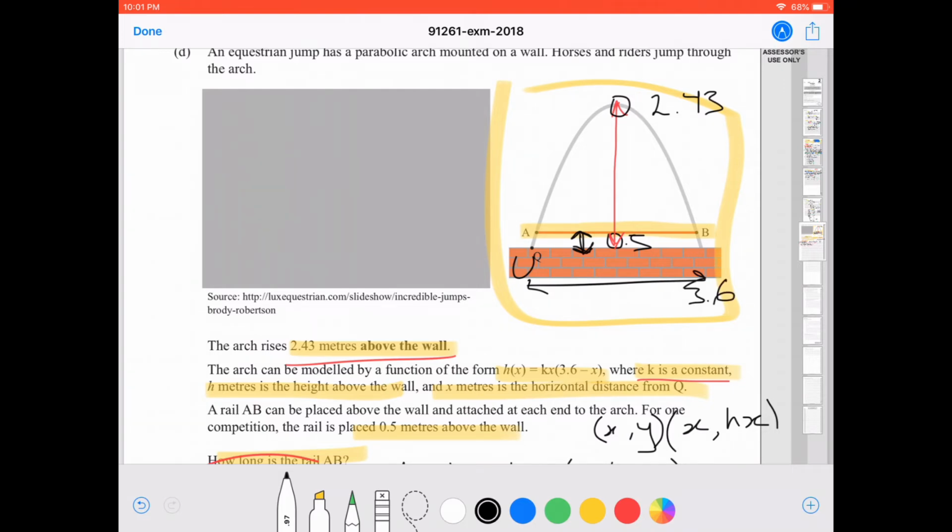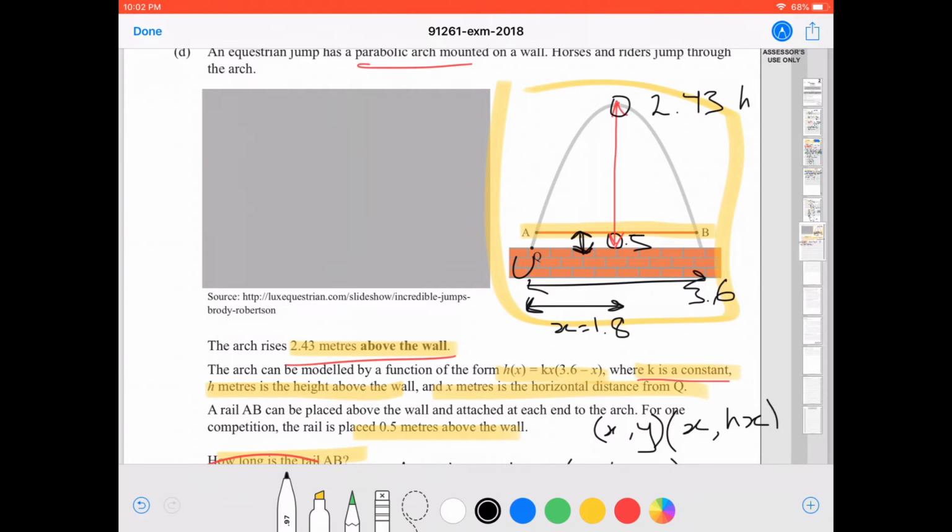Now, it is a parabola, and we've been told that it's a parabolic arch right at the top here. Basically, it's symmetrical, right? And so if we halved it, at the top of the parabola, in this case at h equals 2.43, the x value is going to be half of 3.6, and so the x value is going to be 1.8.